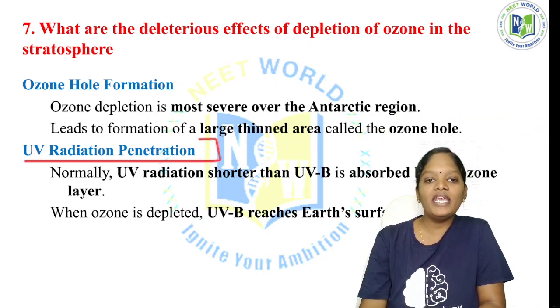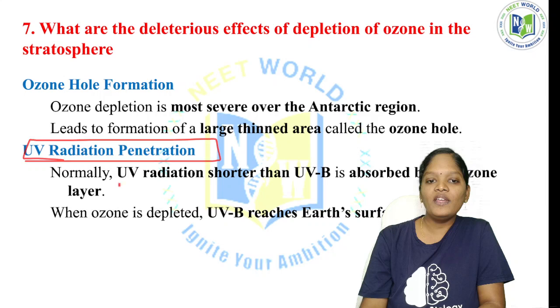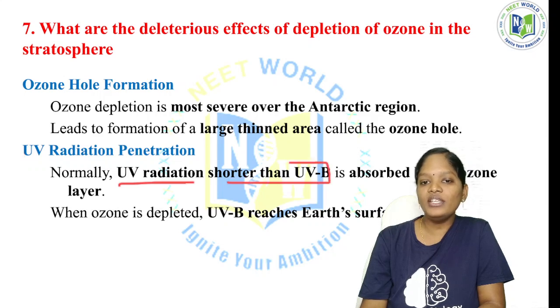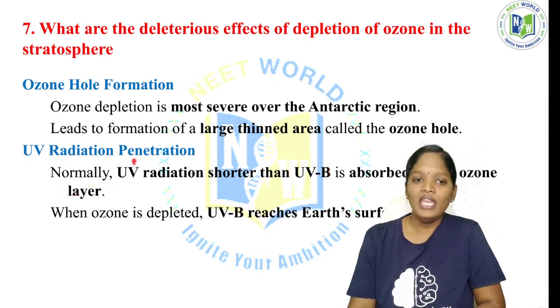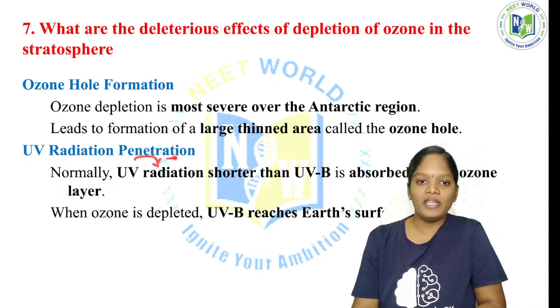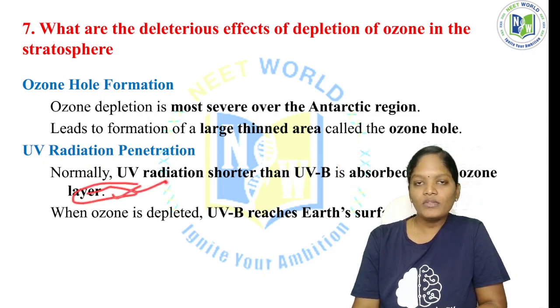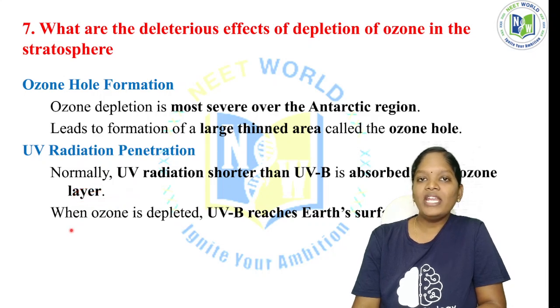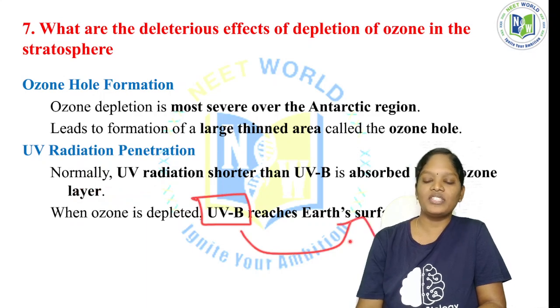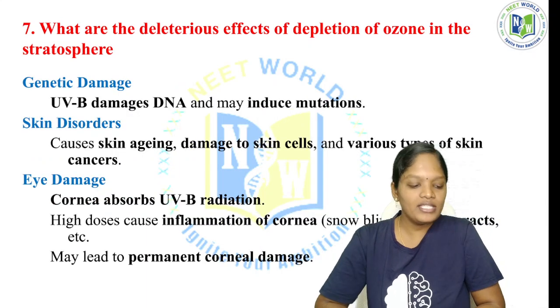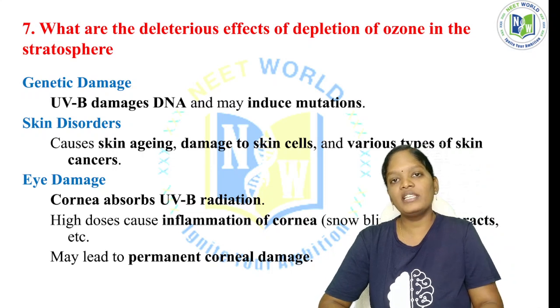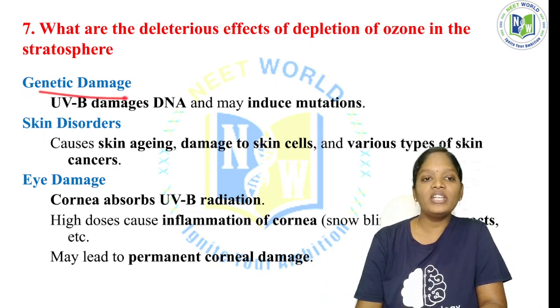Now, UV radiation penetration. Normally the UV radiation shorter than UVB is absorbed by the ozone layer. When ozone is depleting, this UVB reaches the earth's surface. When it reaches humans, it results in genetic damage.